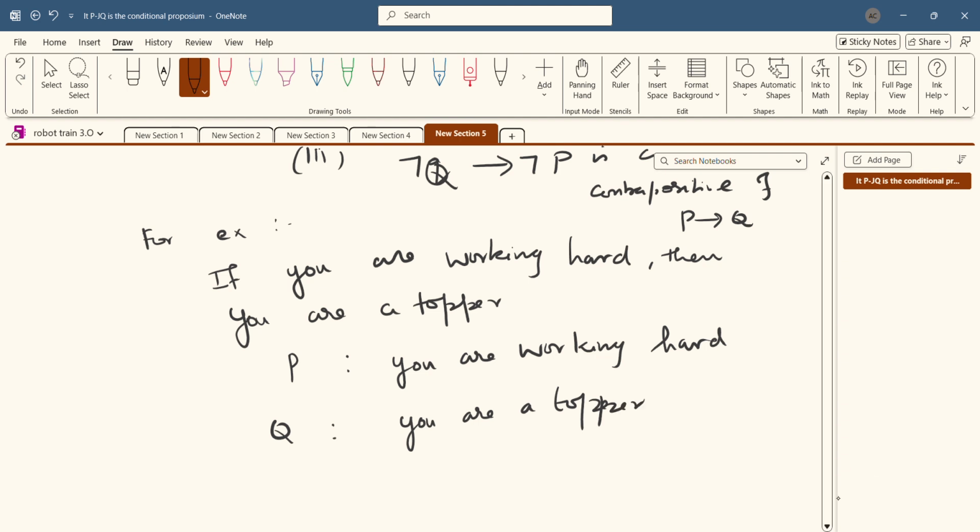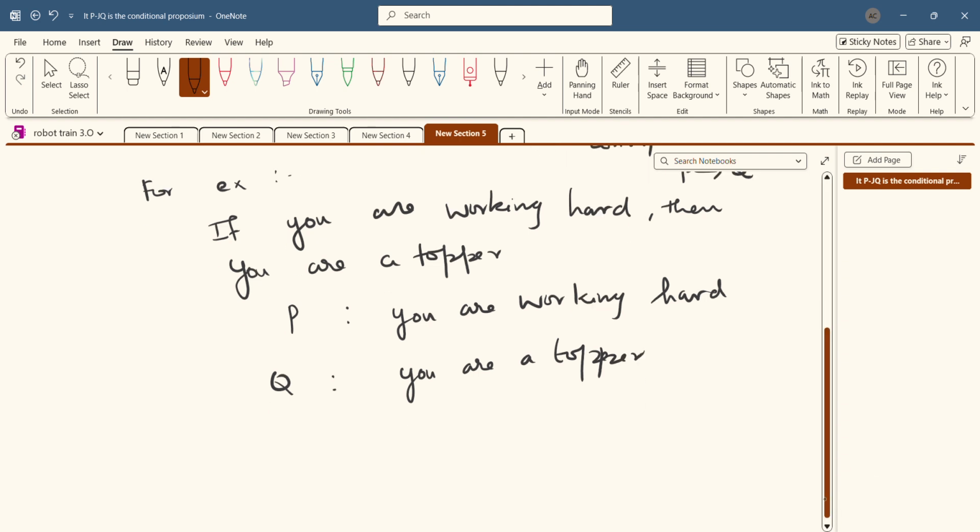So how are we going to define the statement in symbolic manner? If, then. Already we know that if, then is nothing but a connective, we call it conditional. So the statement is P conditional Q: if P, then Q. If you are working hard, then you are a topper.